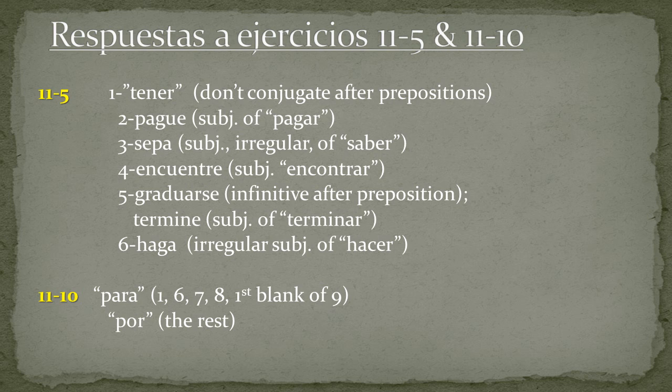The paying is hypothetical. It might never happen, so that's why it's subjunctive. Pague. He will not do something else until he knows where to live. Hasta que sepa. So it's the irregular subjunctive of saber. It should be subjunctive for the same reason. And then he will not do that until he finds. Hasta que encuentre. Número 4, another hypothetical situation.